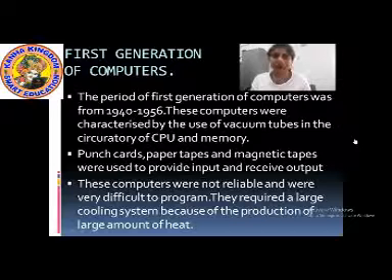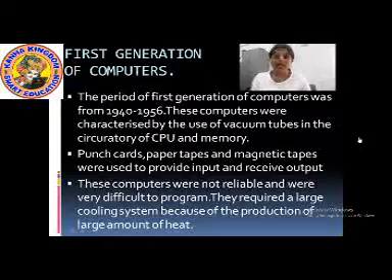It also required large cooling systems because these computers generated a large amount of heat.